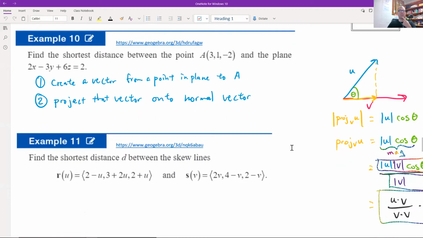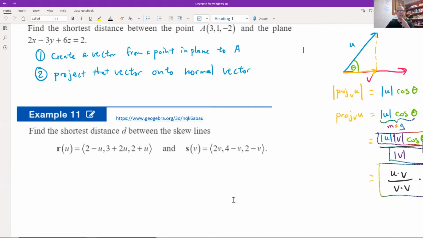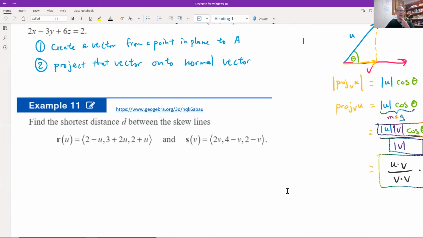Okay, last one. Find the shortest distance D between the two skew lines R and S here. What's the idea here? Two skew lines mean that they never intersect and they're just going off in different directions in 3D space. What do we know?